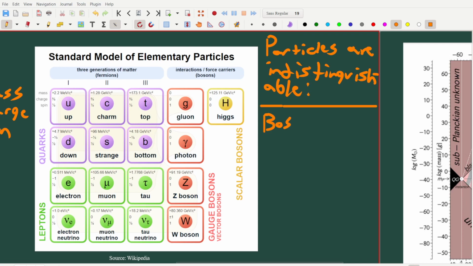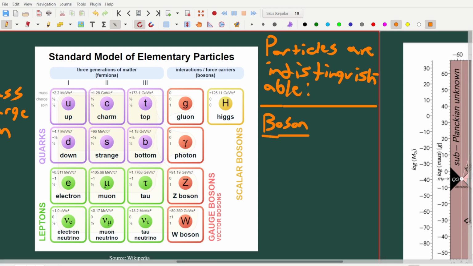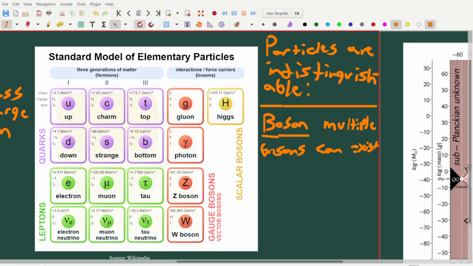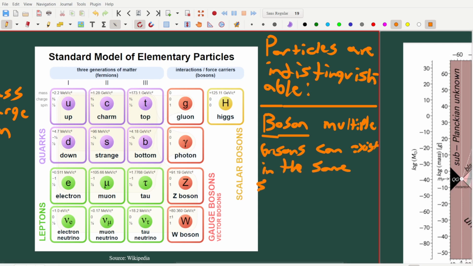A boson has the property that multiple bosons can exist in the same space and state simultaneously. What does that mean?